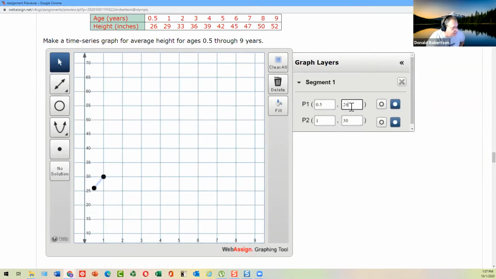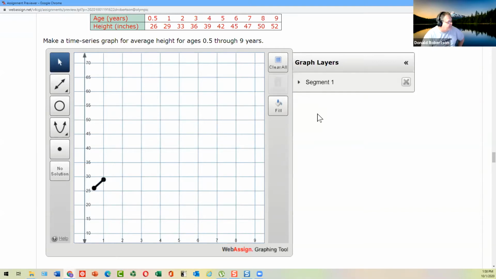Do you notice that I can now change it by just clicking on the box and typing in 26? What about the next point? Well, it should have been 1, 29, and I did 1, 30. So do you see I can now click on that and make it 29? When I close it off there, I've now fixed it, right?